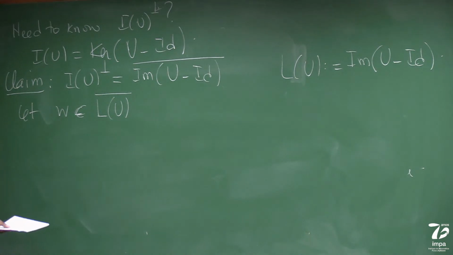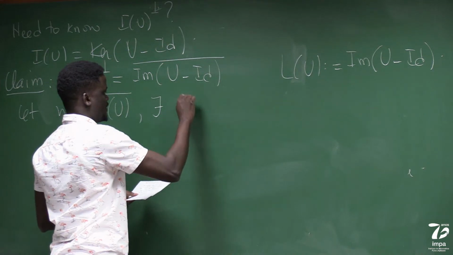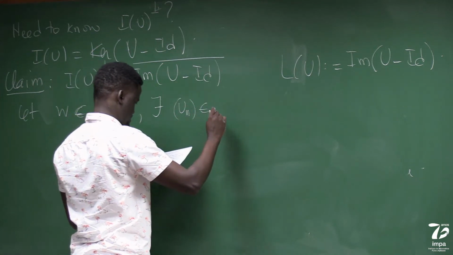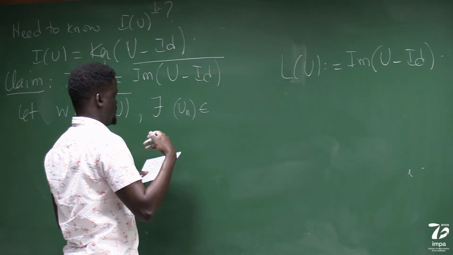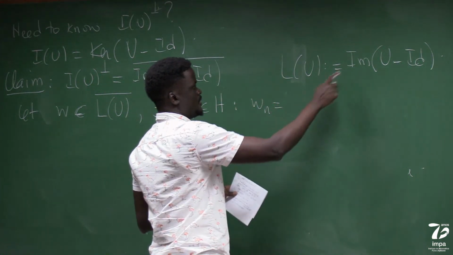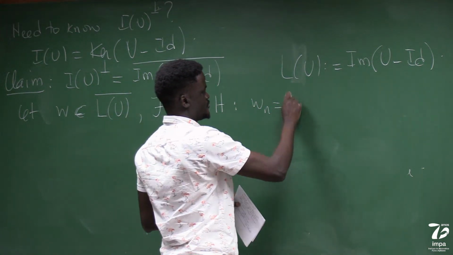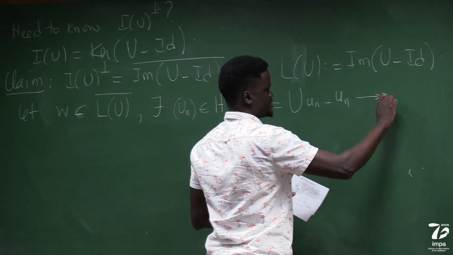By definition of the closure, there exists a sequence u_n in H such that w_n, which is in the image, so U u_n minus u_n, is converging to w.